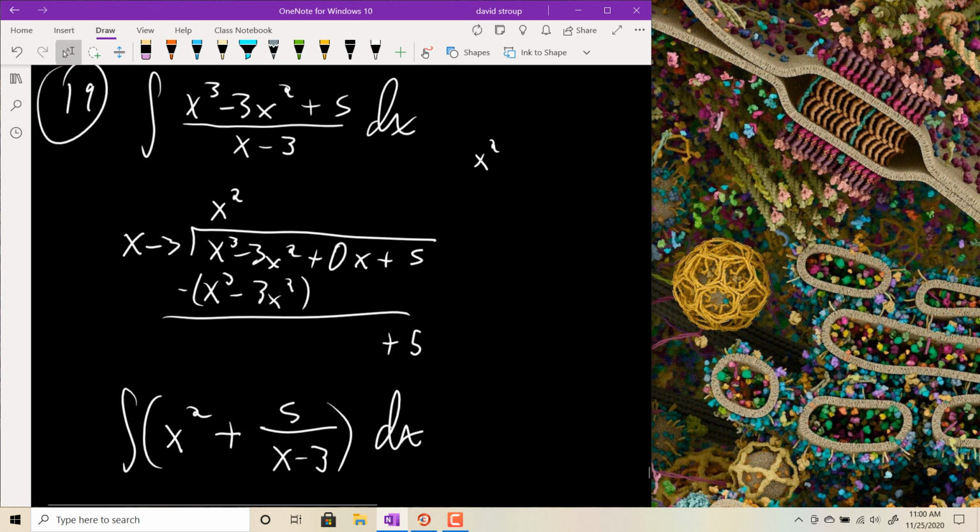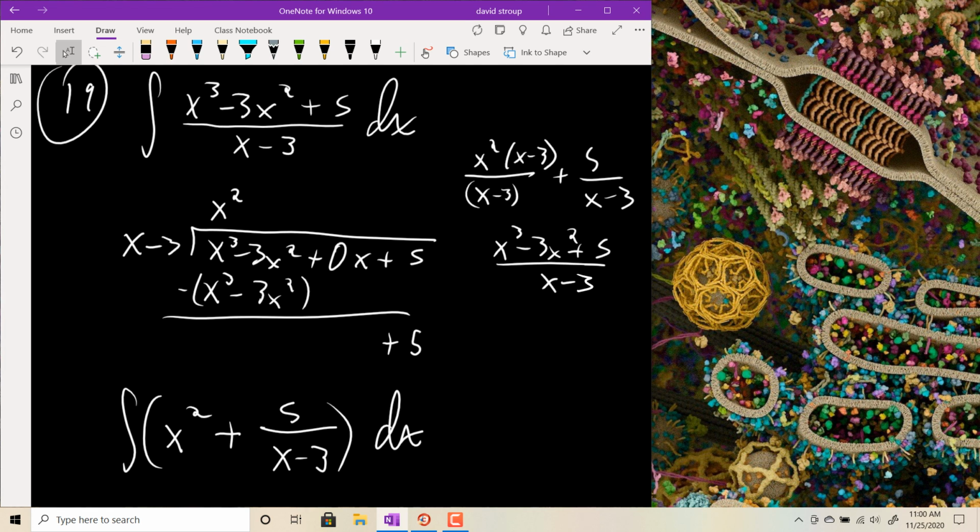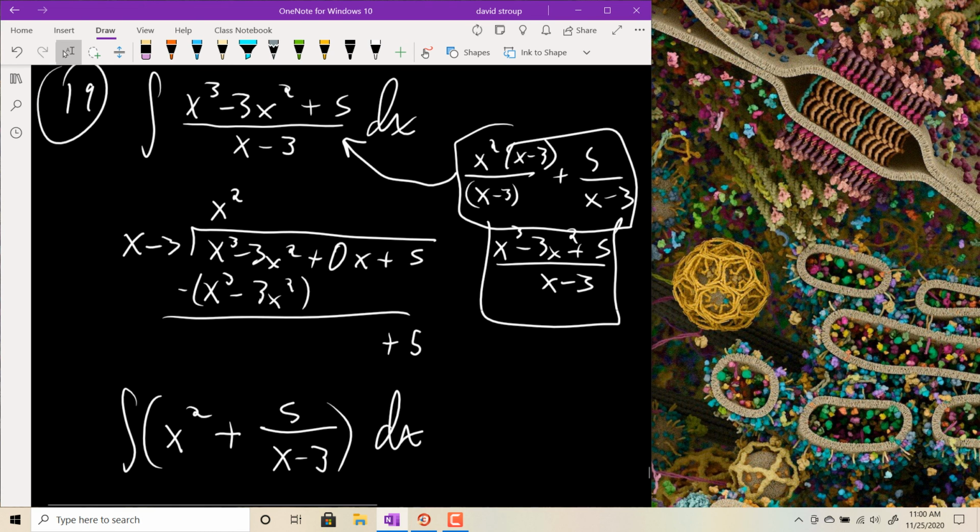So x squared all over x minus 3, top and bottom, x minus 3 plus 5 all over x minus 3. And you see you get, yeah, x cubed minus 3x squared plus 5 all over x minus 3. If you find a common denominator and then combine the numerators, you get back to where you started. So that worked.